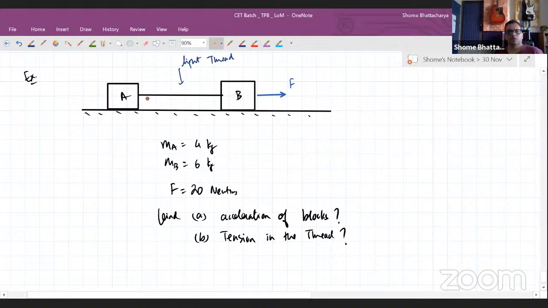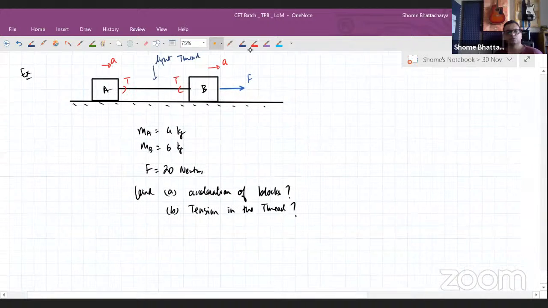So in this question, what you will see is that the moment you apply this force, this string has a tendency to get stretched like this. So it develops a tension like this, and it's a light thread, so there's a uniform magnitude of tension everywhere. Okay. So it's all down to making the free body diagrams of the blocks.